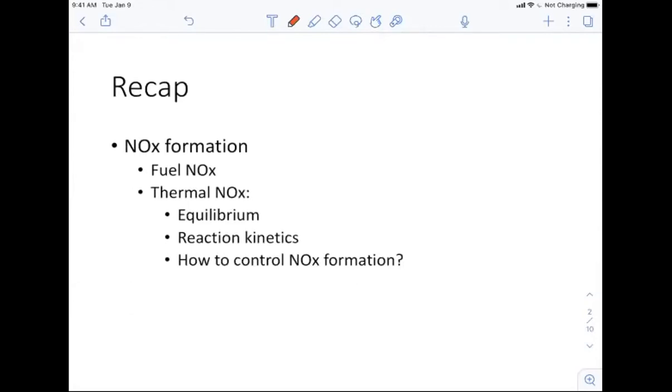We said that the nitrogen oxides are actually made of a group of oxides. For example, you could have nitrogen monoxide, nitrogen dioxide, N2O, N2O5, and so on.